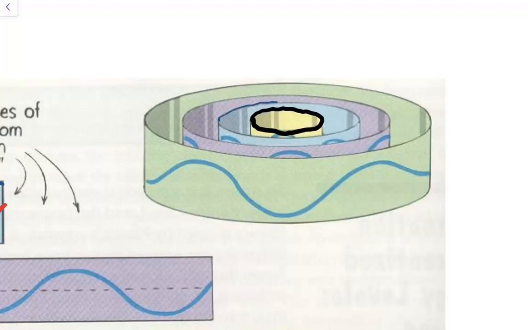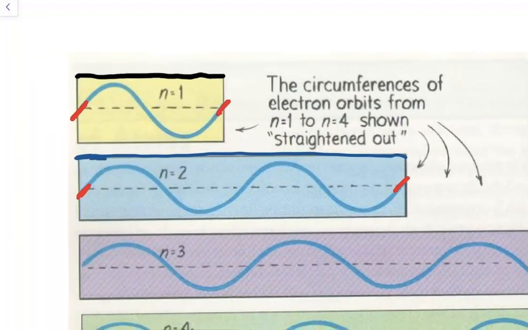Let's say it goes up and then down, and then up and then down, and then it restarts so that this section and this section can reform the standing wave. So this is how we consider electrons to act as standing waves in circular orbits, and that's how we identify electrons to be in quantized energy levels.